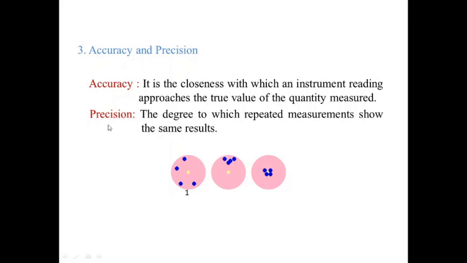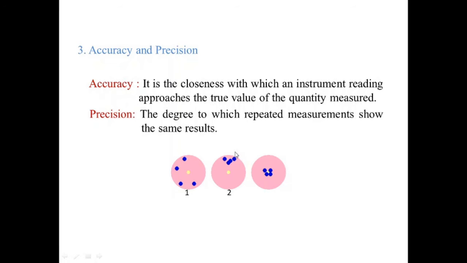Also, if we look at the precision of the same, we can see that the measured values are not very near each other. If they were near, then only it would be repeatable. So it is not precise also. Now we take the second case. Here the measured values are away from the true value, so it is not accurate.